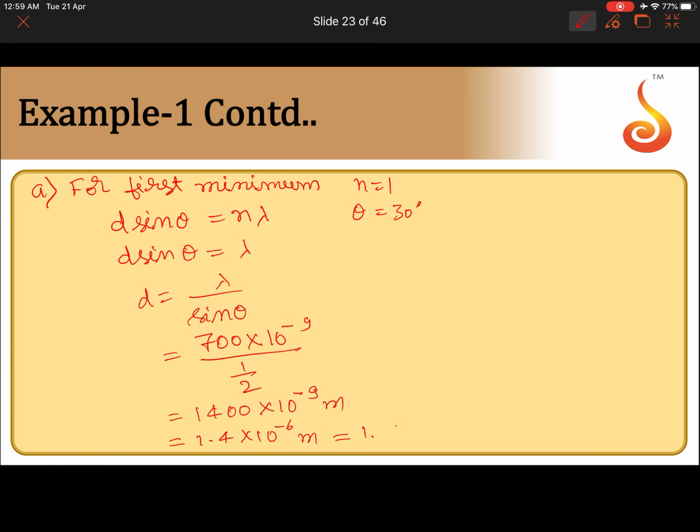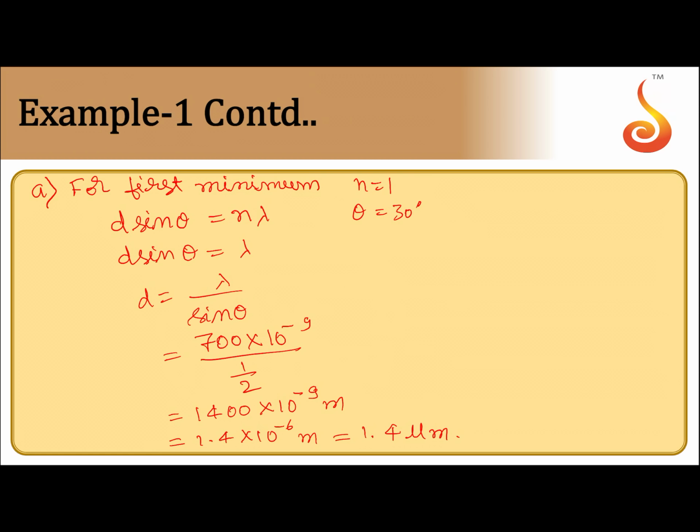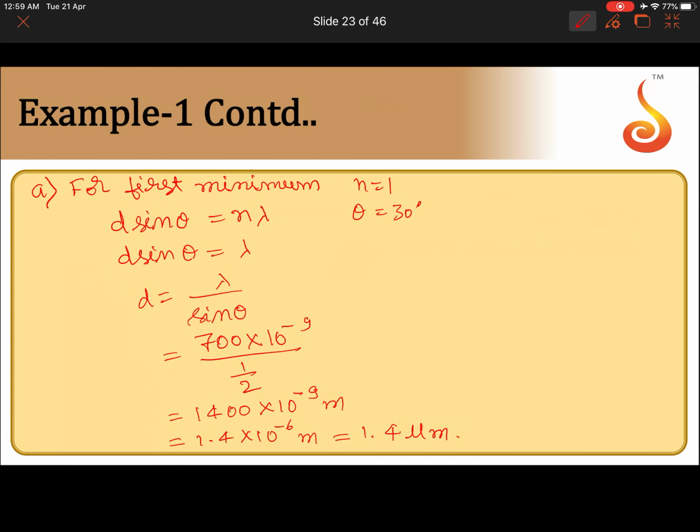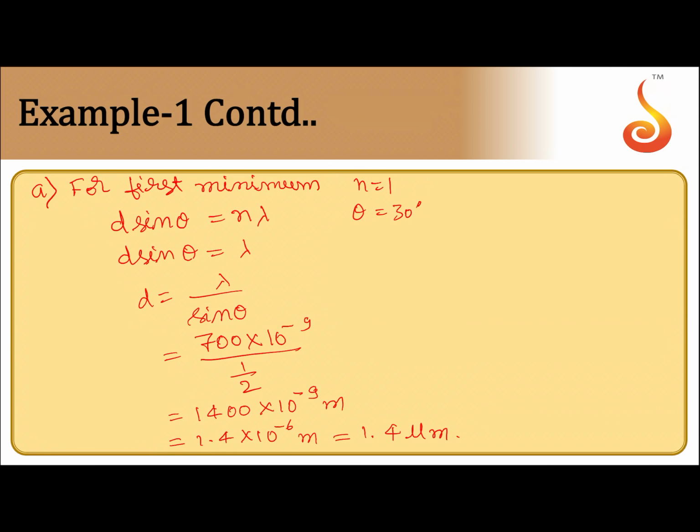That is 1.4 micrometer. So this should be the answer. If the first minimum has to be at an angular distance of 30 degree, then the slit width must be 1.4 micrometer.